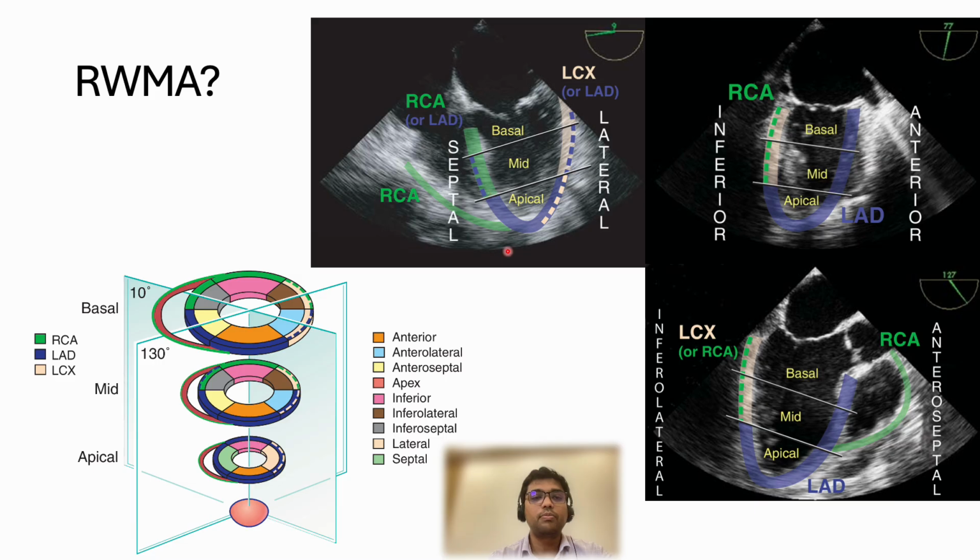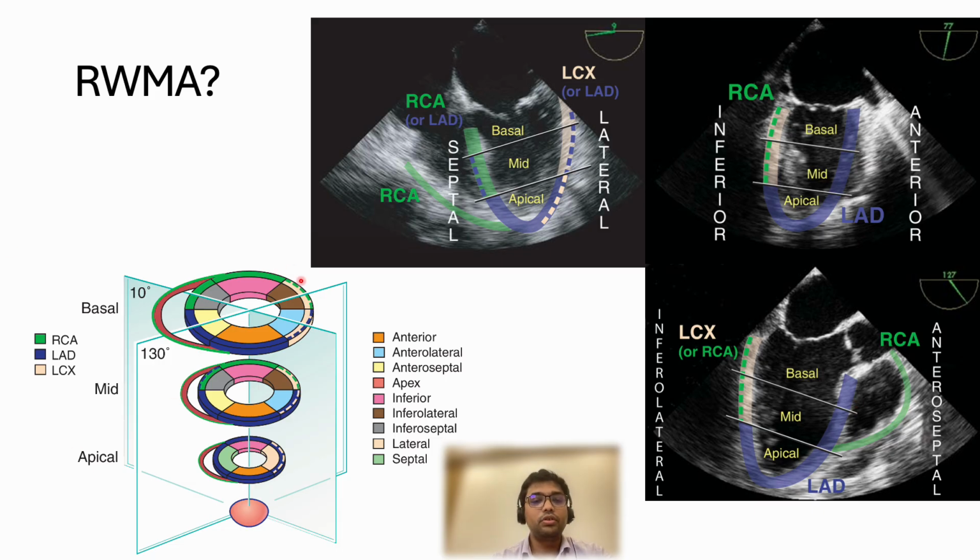So your septum is supplied by your LAD and your RCA, whereas in your mid-esophageal two-chamber view, your anterior wall and the apical part of your inferior wall are supplied by your LAD, whereas your inferior wall above the apical level is supplied by RCA. In your mid-esophageal long axis view, the anteroseptal wall is supplied by your LAD, and your inferolateral wall is supplied by your LCX.